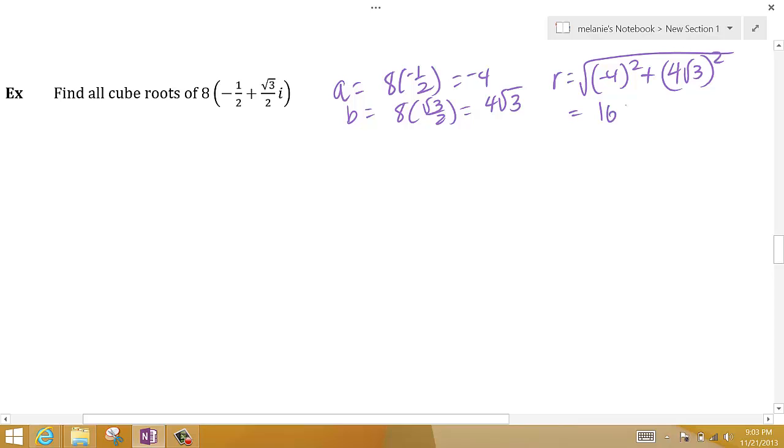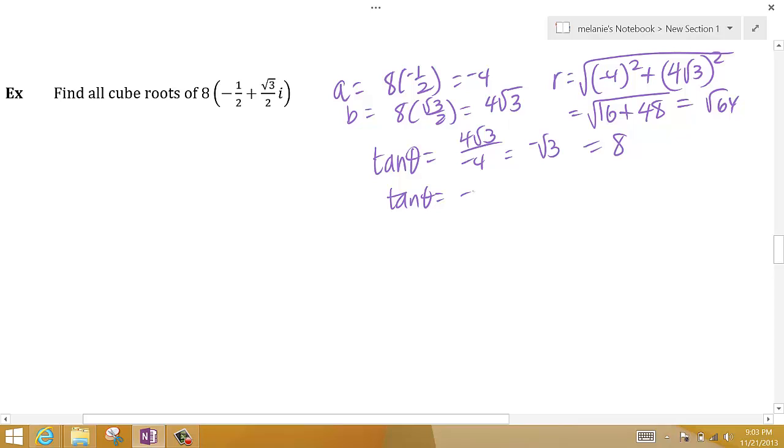That's 16 plus 16 times 3, 48. So the square root of 64, which we know is 8. And I can find the argument, put b over a, and I get negative root 3, and tangent is equal to negative root 3.